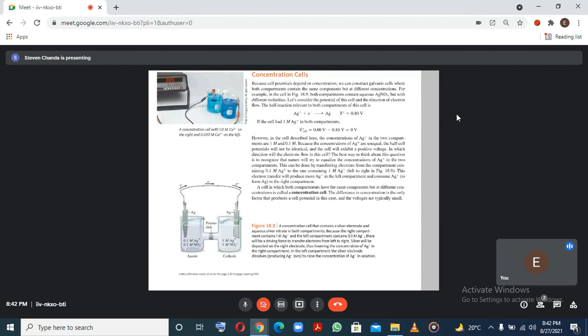The electrons have to flow from the left, where there are few ions, because the more the copper on the left loses electrons, the more the copper 2 concentration on the left increases, and those electrons go to the right, where the copper 2 ions are in a higher concentration.